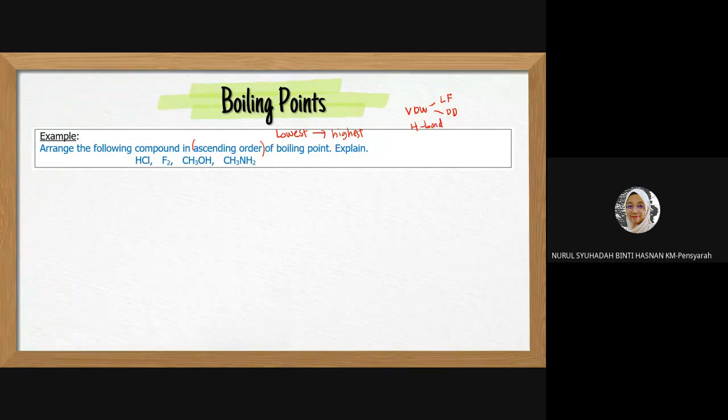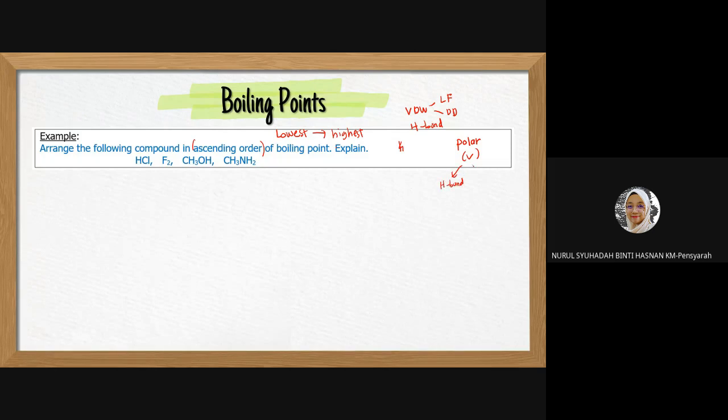Okay, now the tips here is kita akan sentiasa cari hydrogen bond terlebih dahulu. Dan kita akan sentiasa cari polar molecule. So first kita akan identify sama ada molekul kita tu adalah polar ataupun non-polar. Kalau dia polar, kita akan tengok dia ada hydrogen bond ataupun tak.